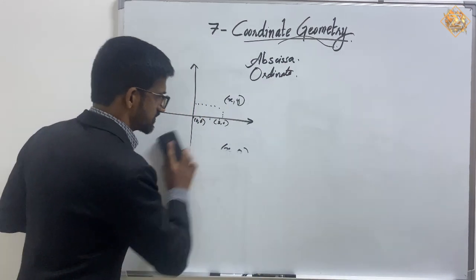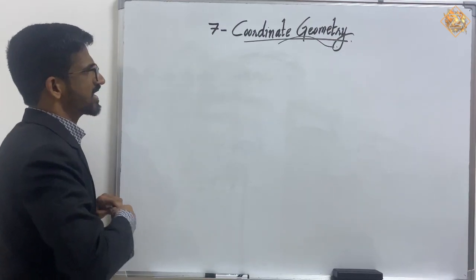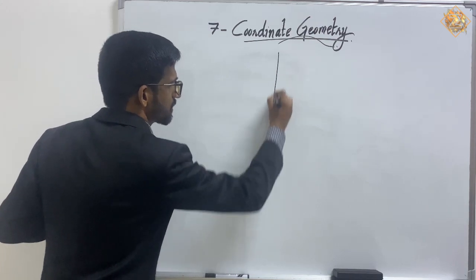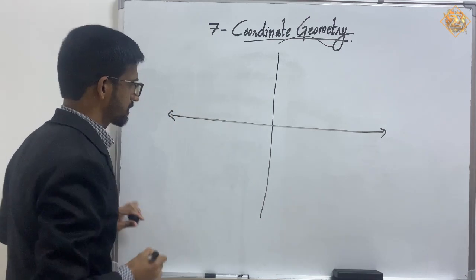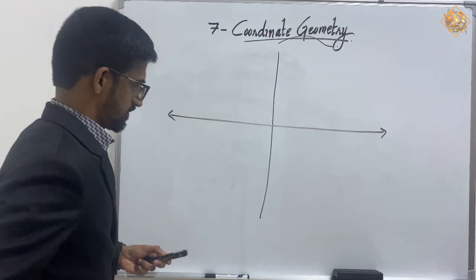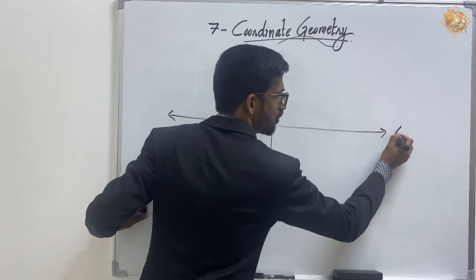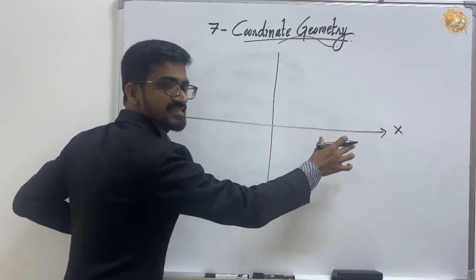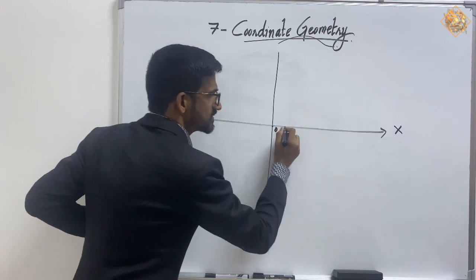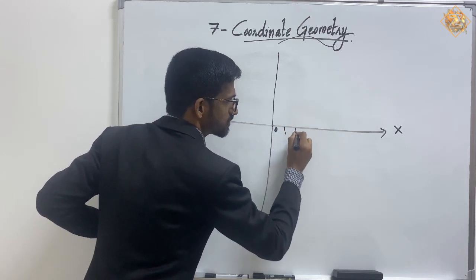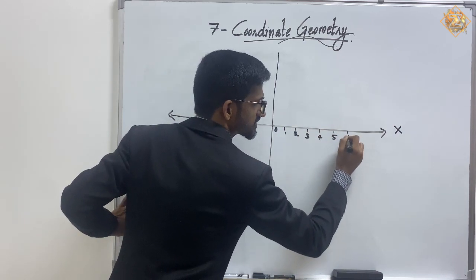Now students, we also have studied that on an xy plane or a Cartesian plane, here is the origin (0, 0). This is the positive x-axis, with positive numbers 1, 3, 4, 5, 6 and so on.